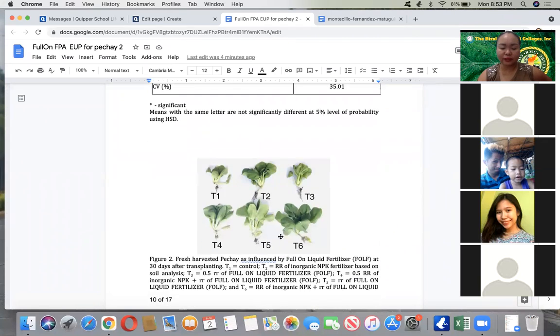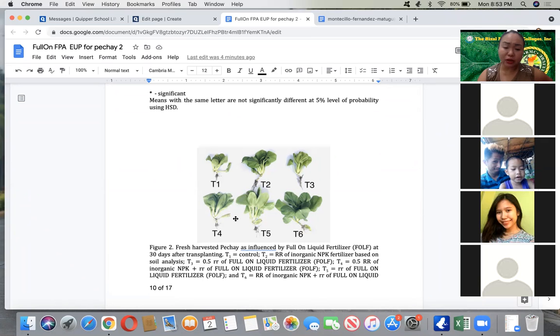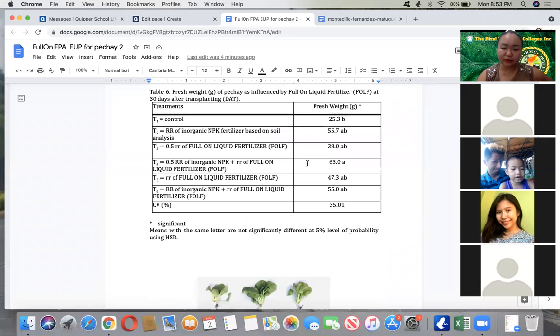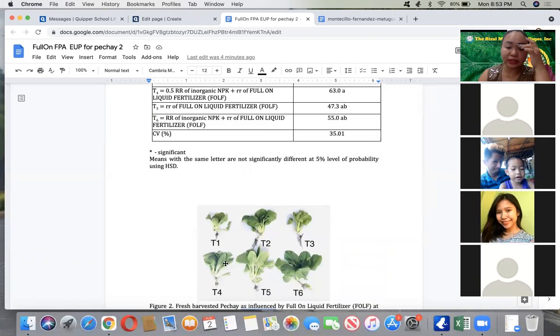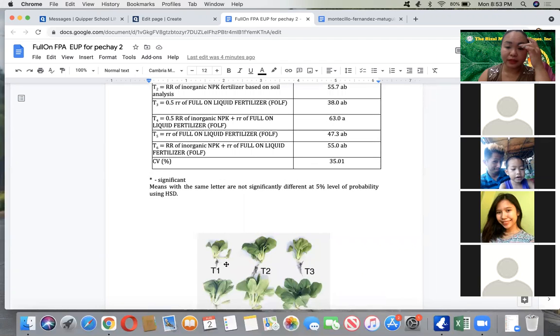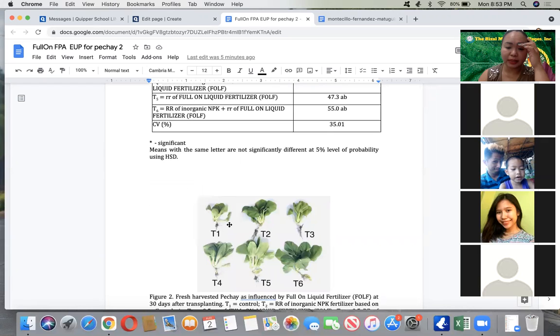So ito yung figure differences. This is also another way how you present the differences of the different treatments, no? Using representative samples that will also reflect on the result of this table. So T4 is the highest, so here. And the lowest is T1. So, yan, kumpara.